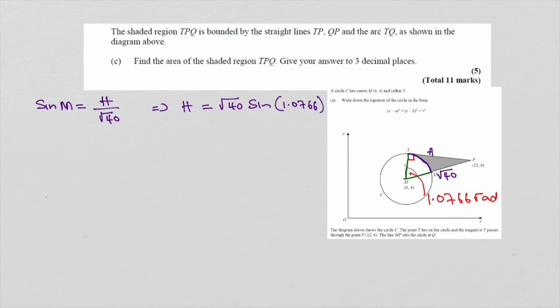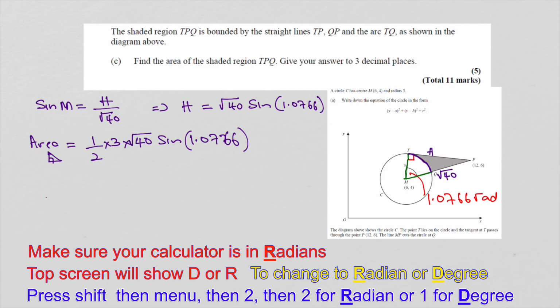Now to apply the area of a triangle, area of the right angle triangle will be a half base, the base is 3, times the height, which is root 40 sine 1.0766. Again, remember, we're working in radians.